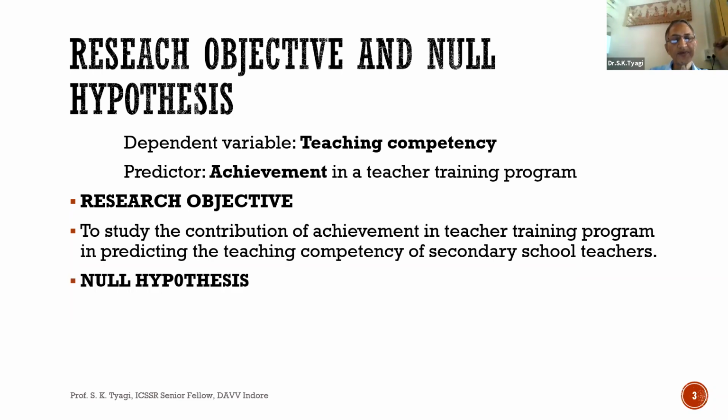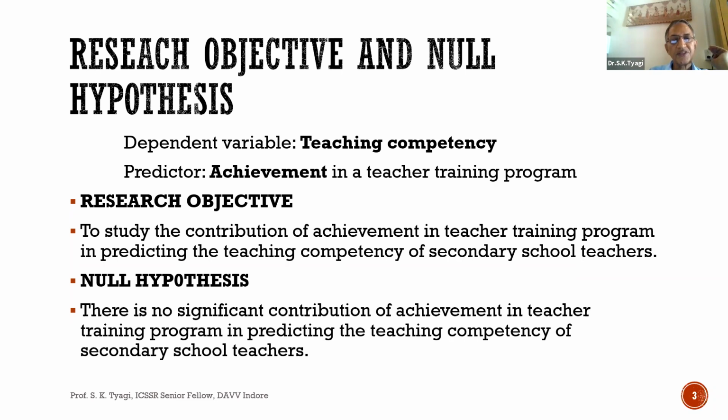So it is not difficult now to frame the null hypothesis. The null hypothesis is: there is no significant contribution of achievement in teacher training program in predicting the teaching competency of secondary school teachers. So, research objective and null hypothesis.